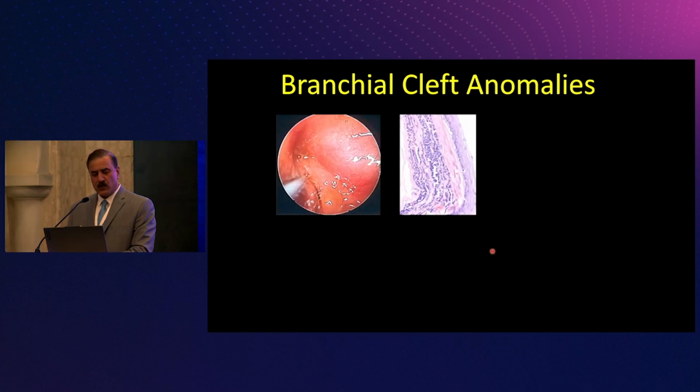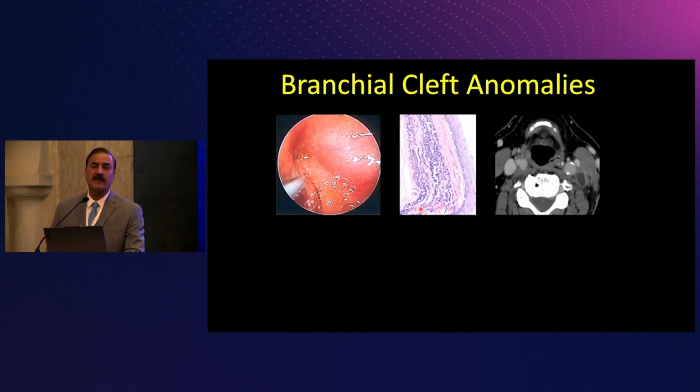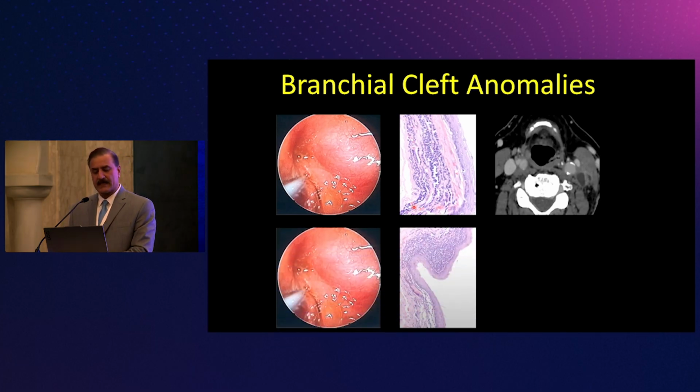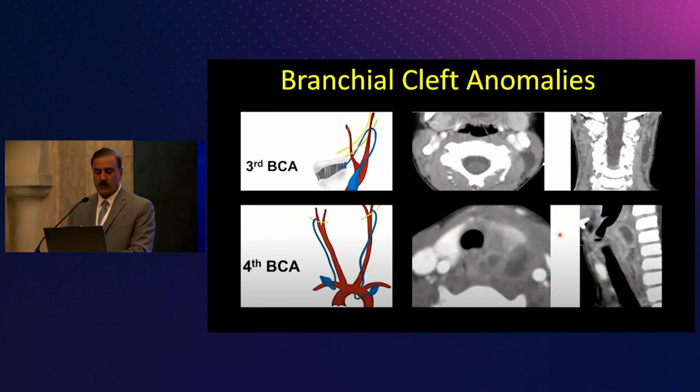But when they send the specimen to the pathologist, it is going to be read as a branchial cleft remnant, mucosa, cyst, or whatever. They will never tell you whether this is a third or fourth type of branchial cleft cyst. But we as radiologists can really help them out, because once that diagnosis has been made, we want to see where that cyst is in relation to the neck.